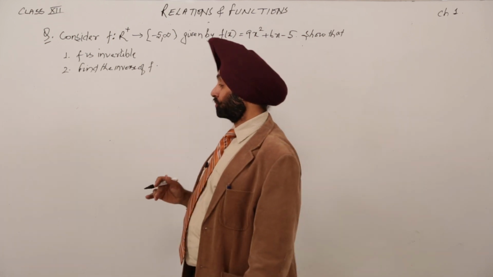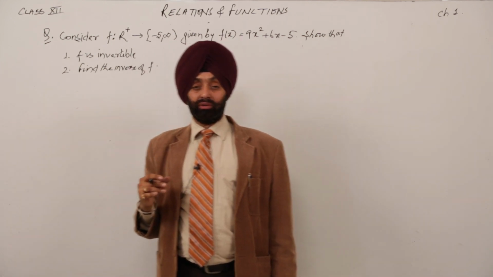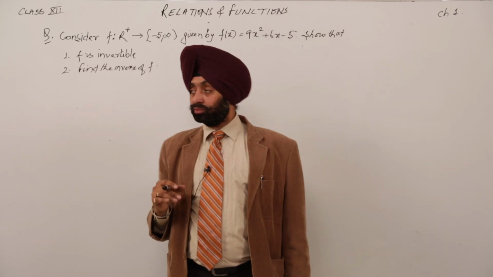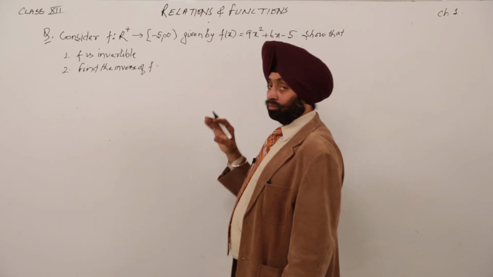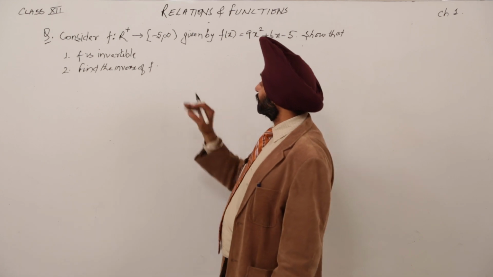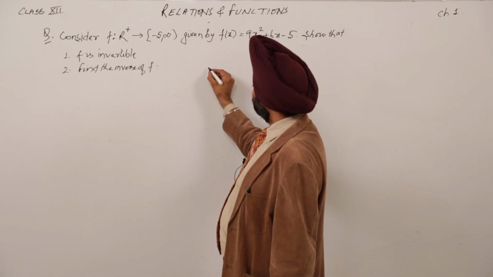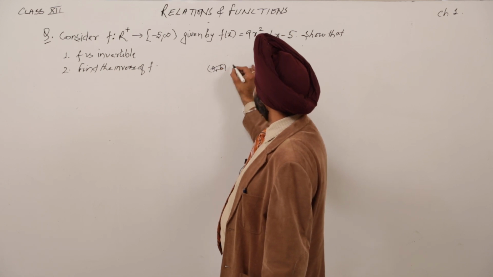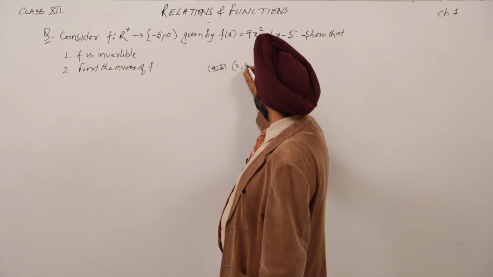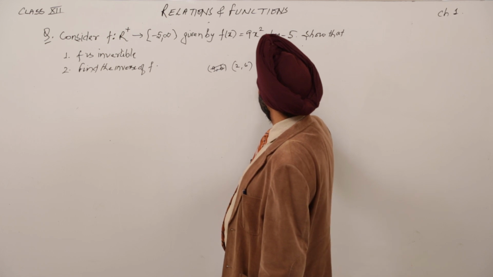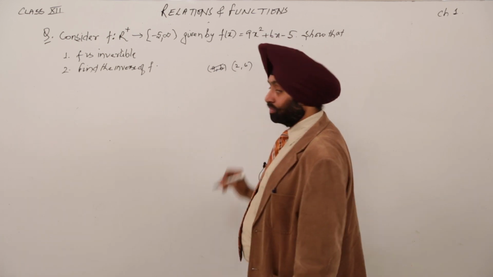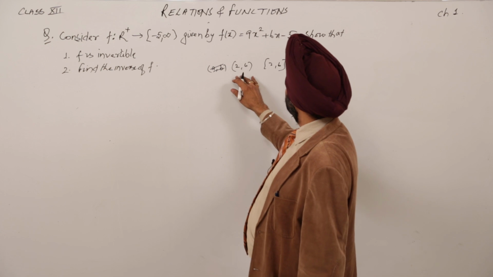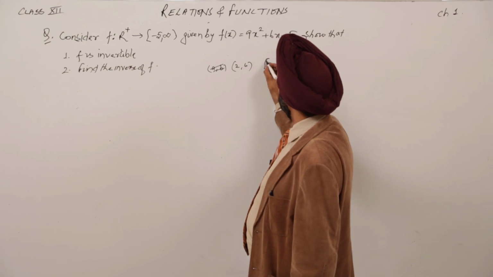Now whenever a function is invertible, we know that it is 1-1 and onto. Let me give a small recap for these brackets. If we have 2 comma 6 in the two different bracket types, what is the difference between these two? This one is the closed interval.